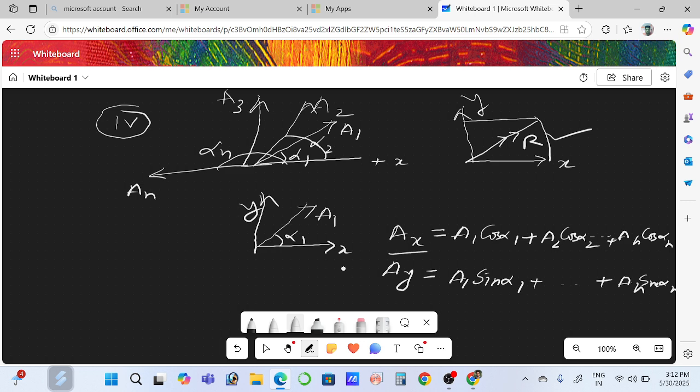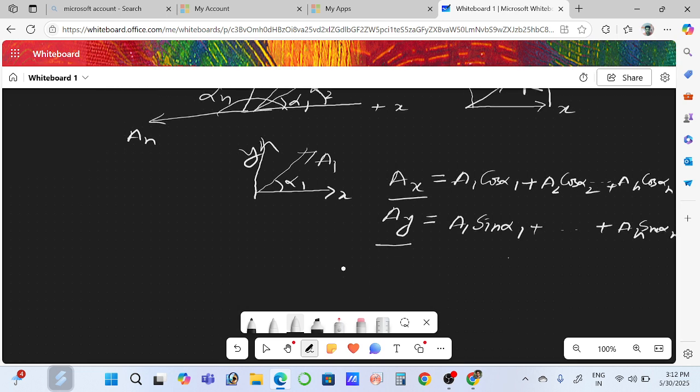Now we have two vectors, Ax and Ay. These are acting along the x and y direction. So now we can add these two vectors, and you can easily add. So the resultant will be simple.